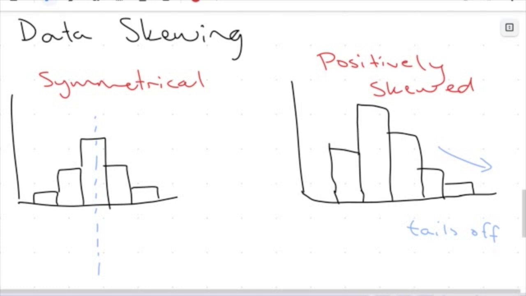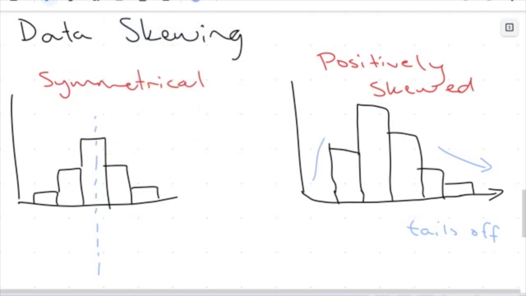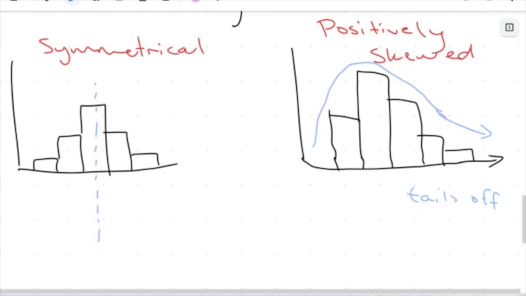Now, the way I like to remember this one is if we looked at this as an x-axis, the positive x values go on the right direction, the right-hand side. So if we drew a little thing like this over it, my data set tails off, my frequency values drop, they tail off in the positive x direction.